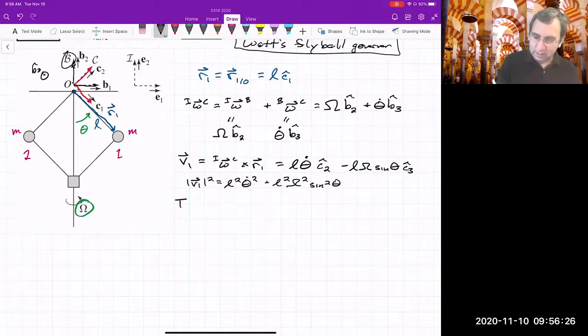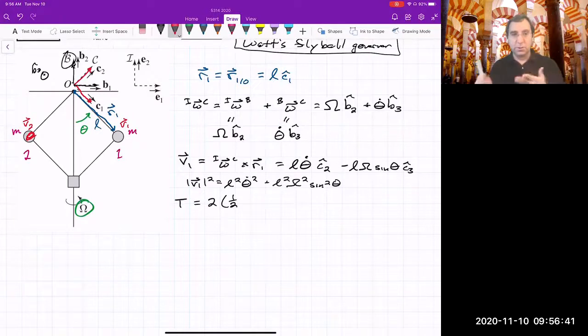So T, the total kinetic energy, is going to be twice 1/2, because we need to account for this other mass over here. So there'll be a V2 from over there. We've already calculated V1, but the magnitude of V2 squared is equal to V1 squared.